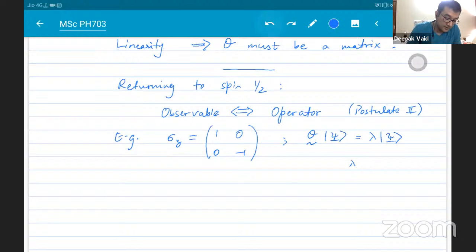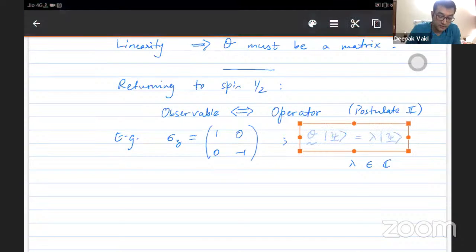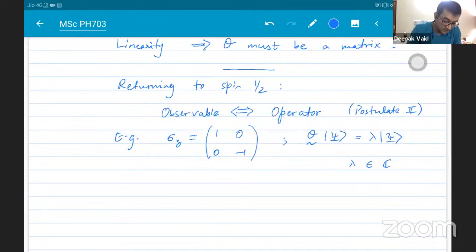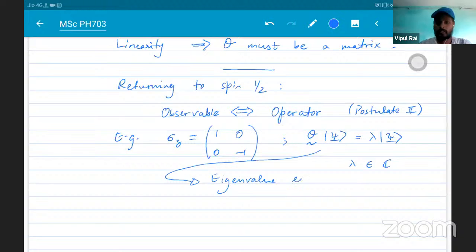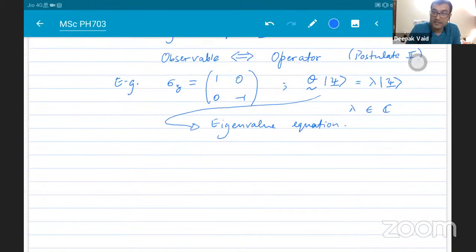Where lambda is a complex number, right? What is this equation called? This is called an eigenvalue equation, right? Lambda is the characteristic number, a characteristic value of the operator O. Now, if you have an n-dimensional vector, then your operators, your matrices are n by n dimensional matrices.